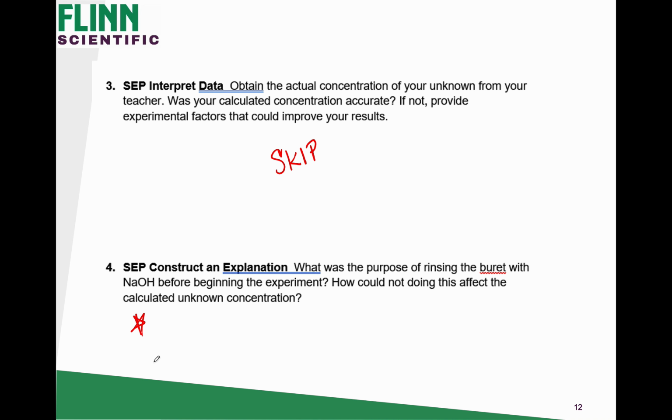What do you think might have happened to what we would have calculated as our concentration of acetic acid? Do you think that concentration would have increased? Do you think that concentration would have decreased? Okay, so think about it in regards to that instead of having used sodium hydroxide, you decided to rinse the burette with just pure water.